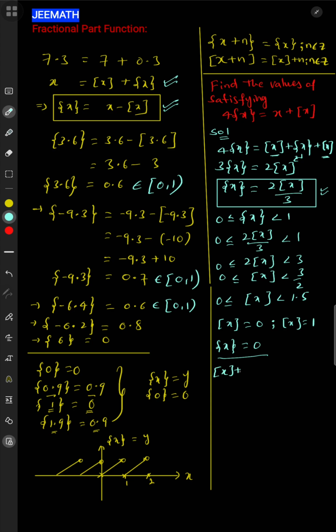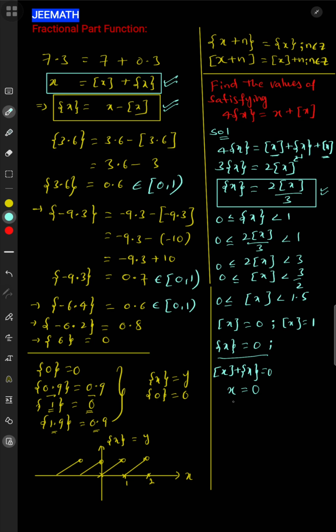What is step x plus fractional part of x? See this statement: step x plus fractional part of x is x only. So x is equal to 0. This is one value of x.